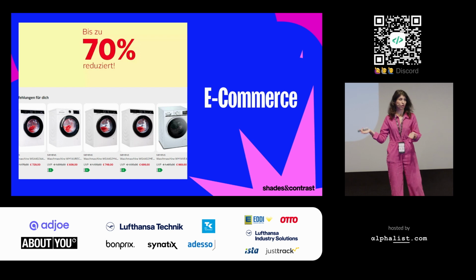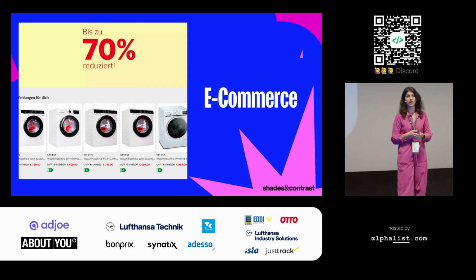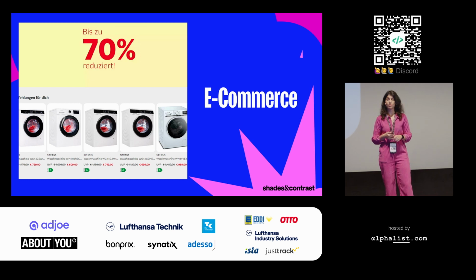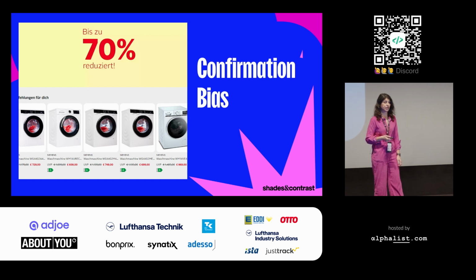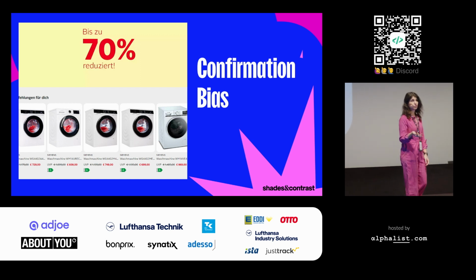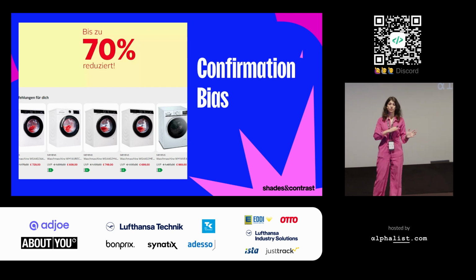So it showed me only washing machines, although they have more products in the shop, like fashion or shoes. We can call this confirmation bias, because the algorithm was trying to confirm past behavior from other customers, and it was a little bit biased on one side of the categories.